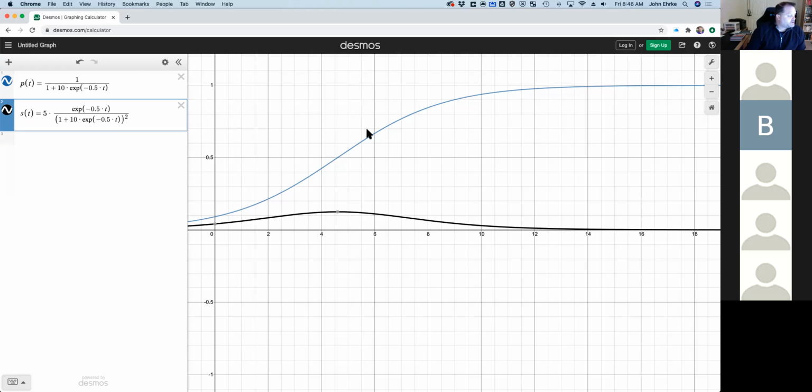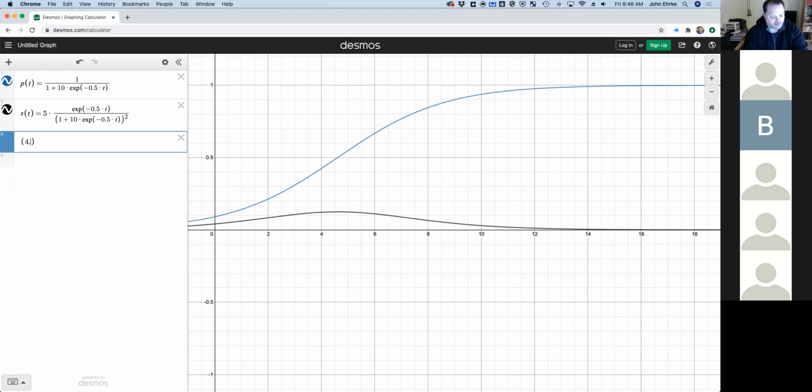All right, so where does it look like this is the derivative that we just calculated together? Where does it look like the derivative is at its highest point? Looks like right there. So that corresponding value here, so what is that, 4.65? Let me figure that out again. So it's 4.605.